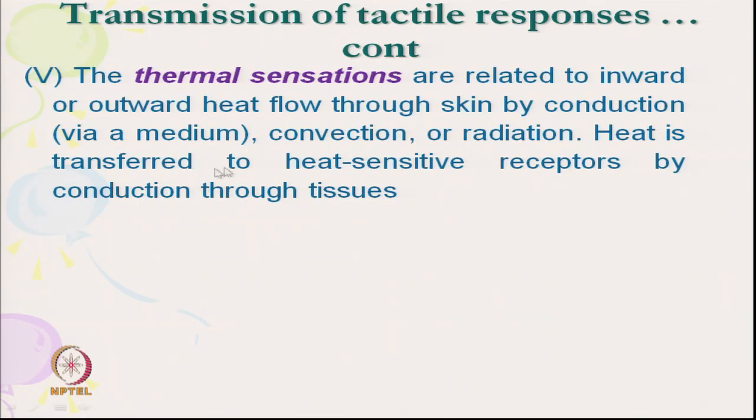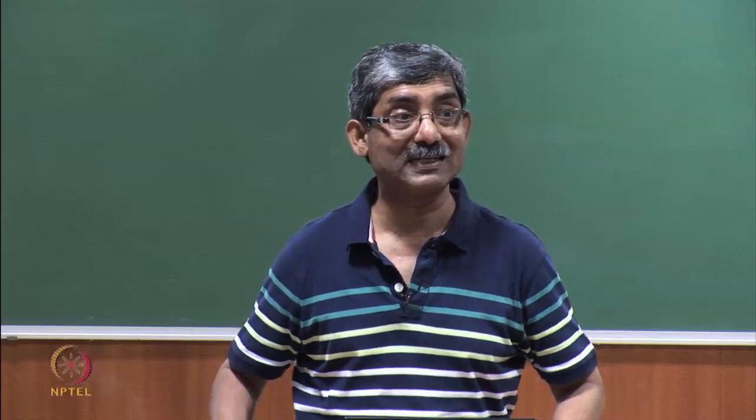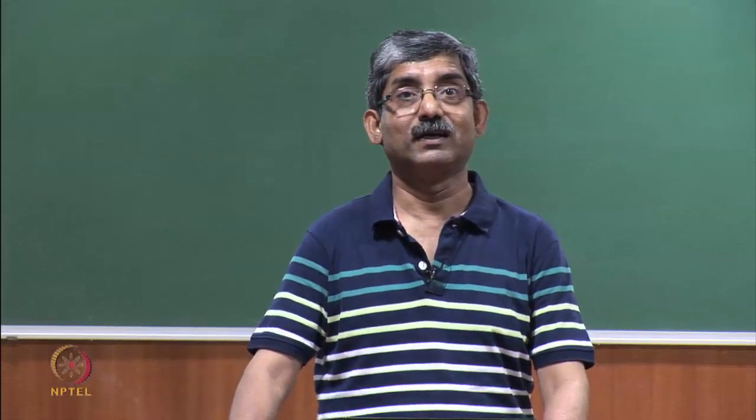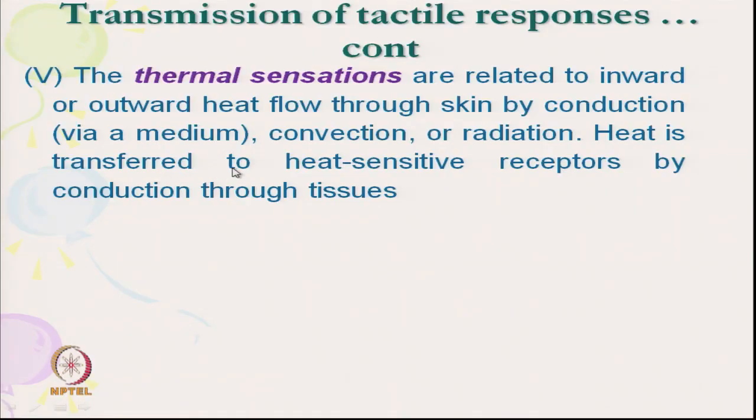And thermal sensations are related to the inward and outward flow of heat from our body, by conduction through the skin, or convection or radiation. Heat is transmitted to the heat sensitive receptors by conduction through tissues.